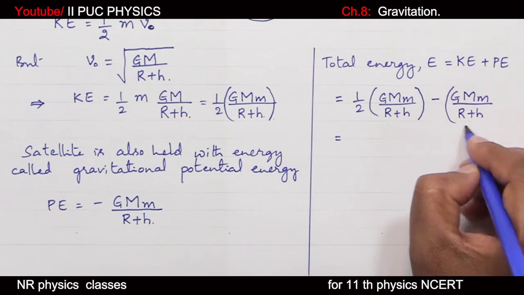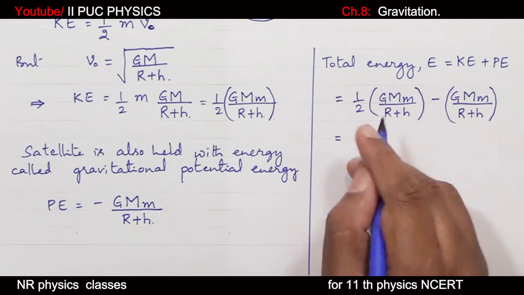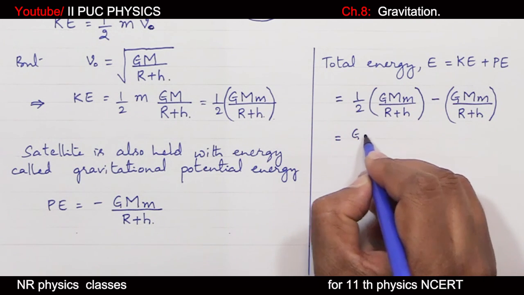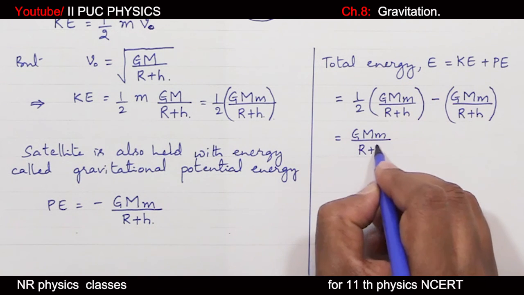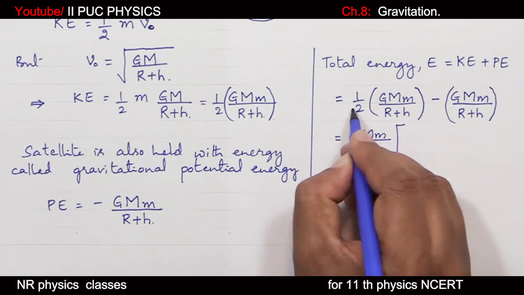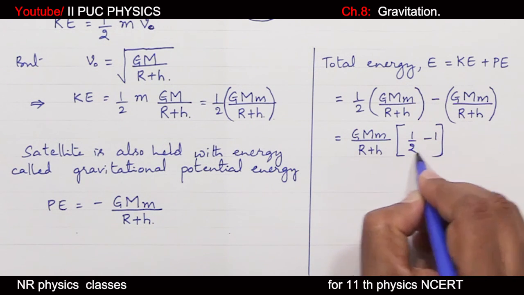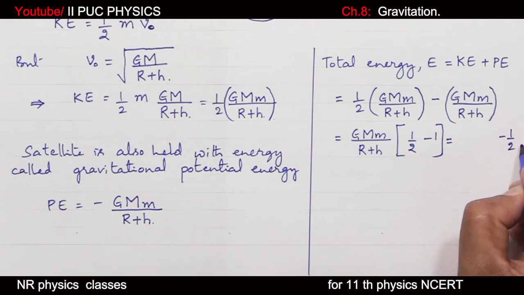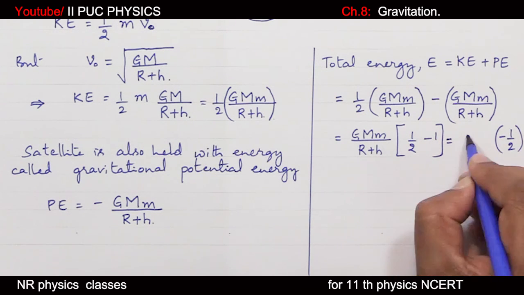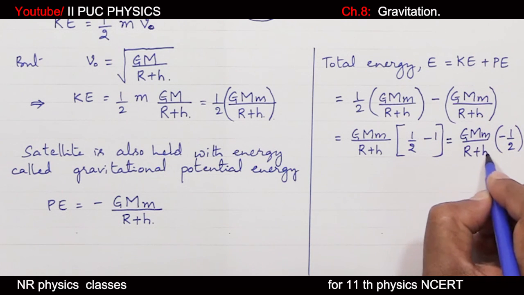So this bracket quantity is constant. So let me take this out, common factor. So it becomes GM by r plus h. Remaining is half, and in this minus 1. Half minus 1 is minus half.